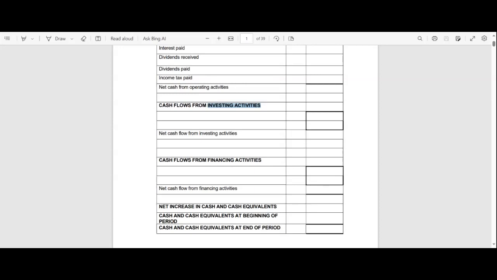So what part of that statement of financial position does investing activities relate to? In other words, whenever we think about investing activities in the statement of cash flows, we only need to focus on one area. What do you think that is? I'll give you a few seconds, let's say 10 seconds, to come up with something.